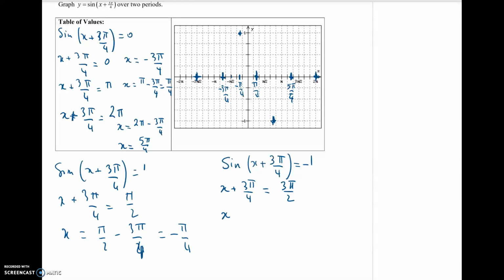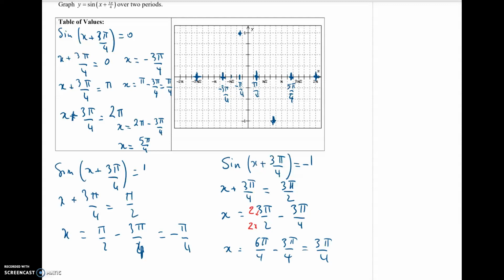So therefore we got x equals 3 pi/2 minus 3 pi/4. If I multiply by 2 top and bottom the first fraction, in order to have the same denominator, I end up with x equals 6 pi/4 minus 3 pi/4, and that gives me 3 pi/4.